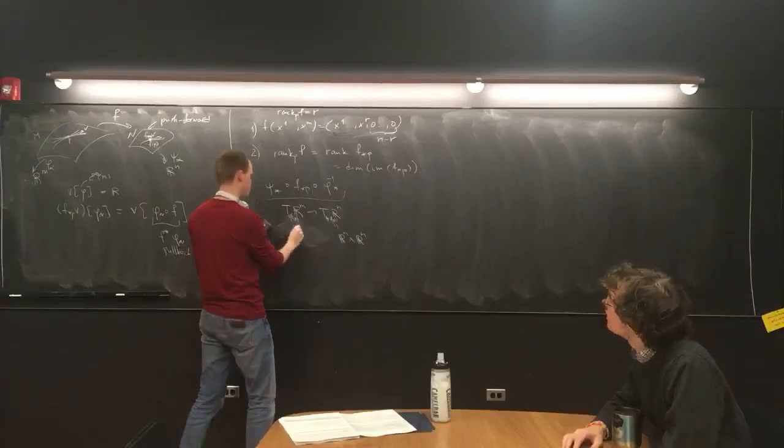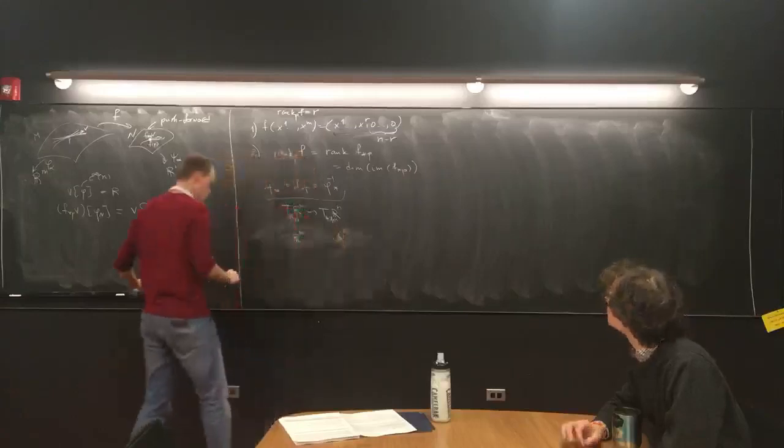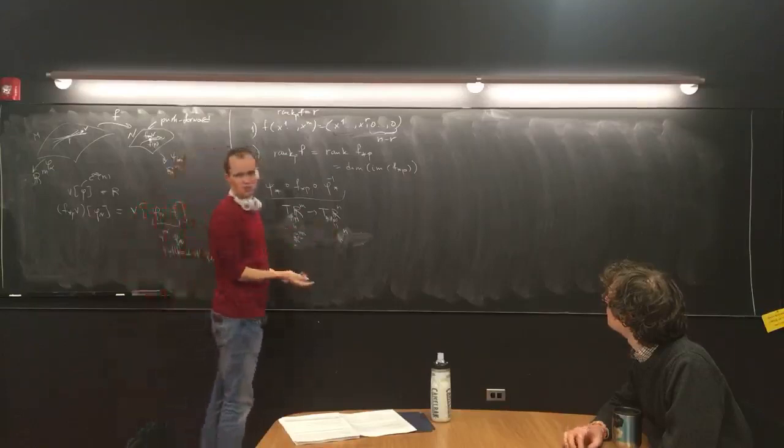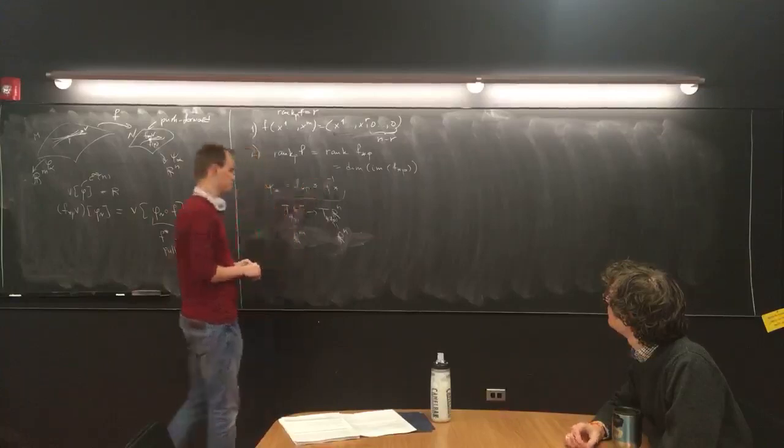And this is just Rm, and this is just Rn. And it's a linear function, i.e. a matrix. And that matrix is literally the Jacobi matrix in these coordinates, if I can say.